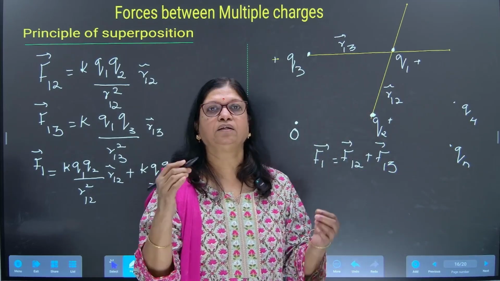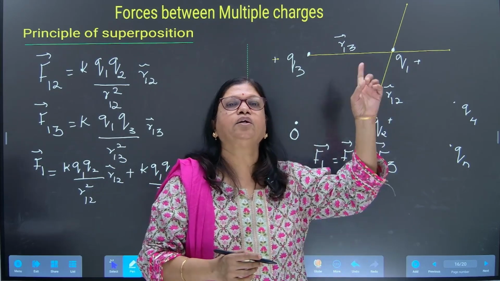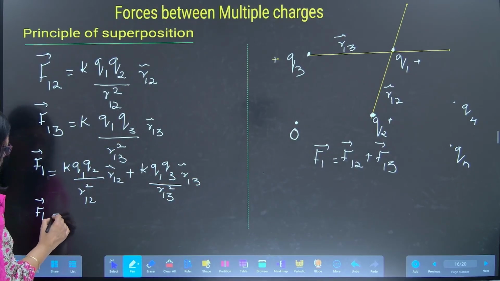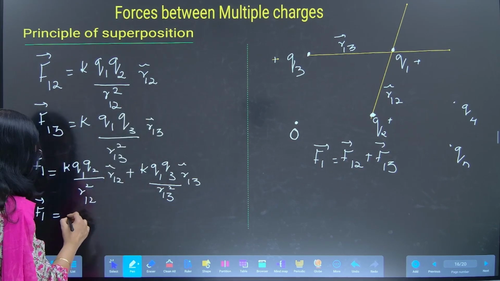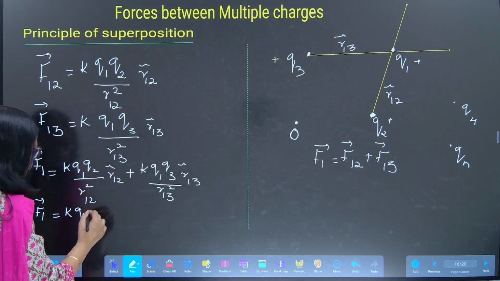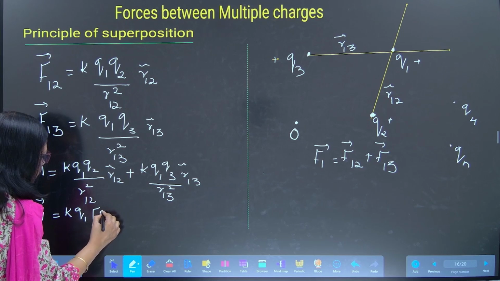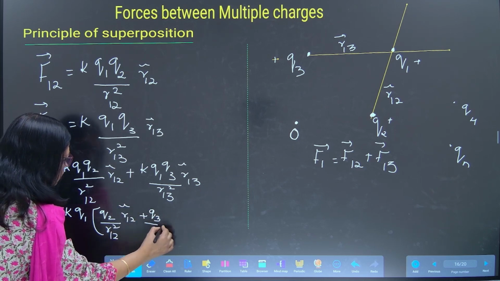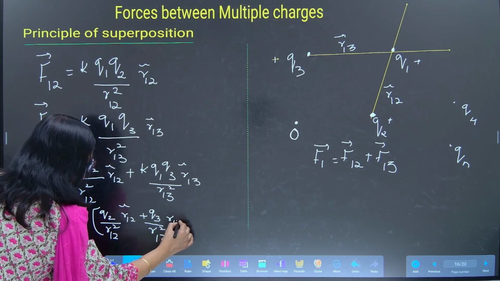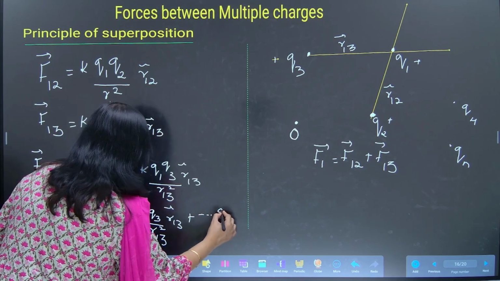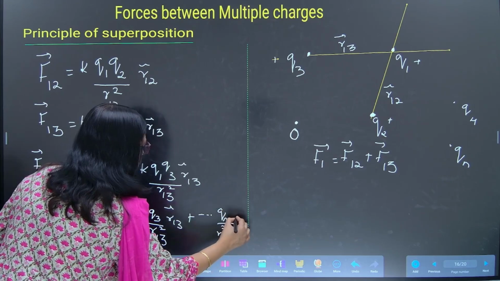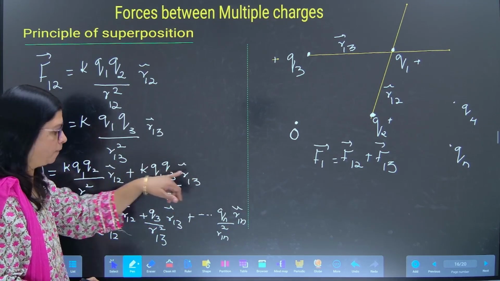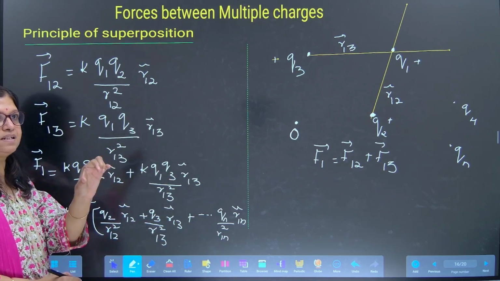I just have to find the addition of all these forces on Q1 and add them vectorially, such that the total force F1 on Q1 due to Q2, Q3, Q4, Qn is given as, taking K Q1 common, as it will be there in every term, K Q1 [Q2 upon R12 square R12 cap plus Q3 upon R13 square R13 cap plus so on Qn upon R1n square R1n cap], where R12 cap, R13 cap, R1n cap are the unit vectors of these forces, and R12, R13 and R1n are the distances between these charges.